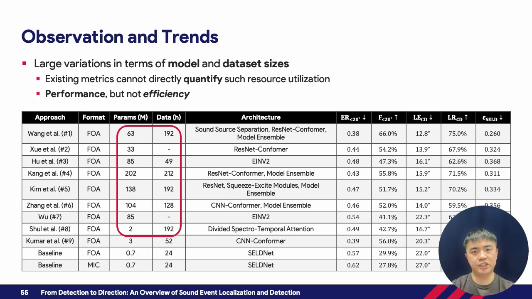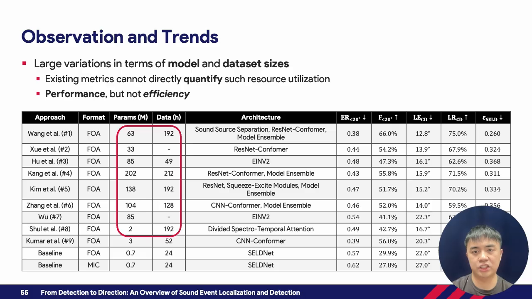Now, another key observation is the large variation in resource usage. If you take a look at the params and data columns, you can see that top systems often use very large models or model ensembles and are trained on hundreds of hours of data. So this highlights an important point. Our current metrics can measure performance, but not training efficiency.